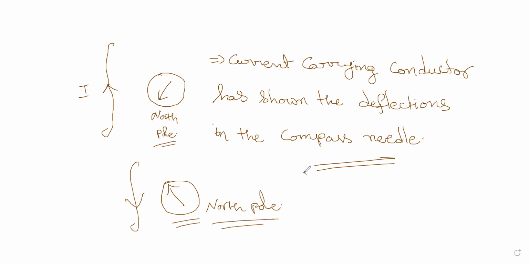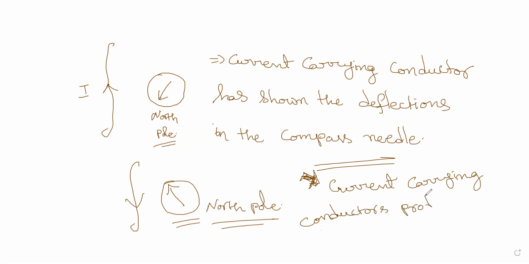So what is the conclusion? If a magnet is deflected, there is a magnetic field. The conclusion is that a current carrying conductor produces a magnetic field. Is it clear?